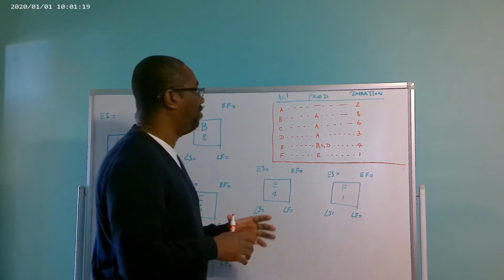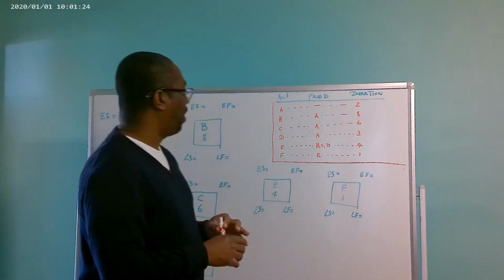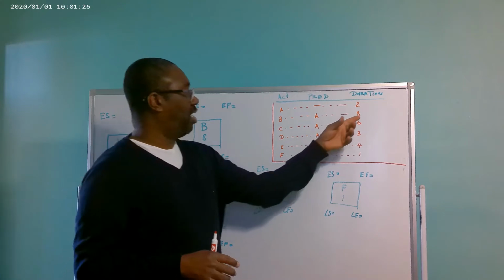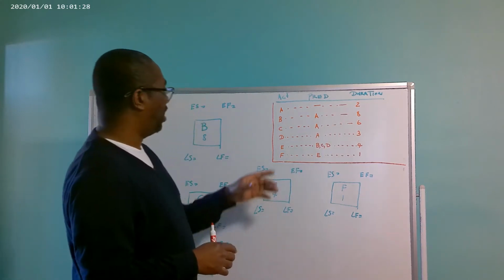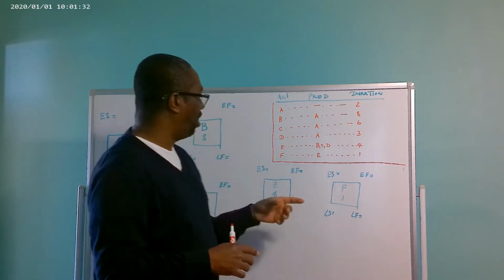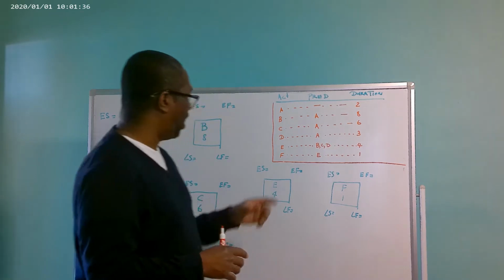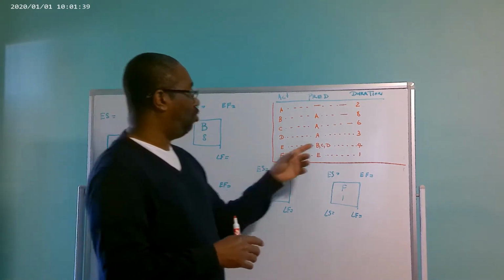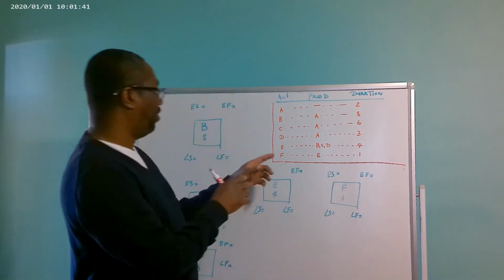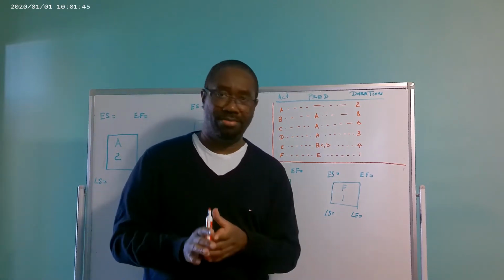Activity A has a duration of 2 days. Activity B has a duration of 8 days. Activity C has a duration of 6 days. Activity D has a duration of 3 days. Activity E has a duration of 4 days. And activity F has a duration of only 1 day.